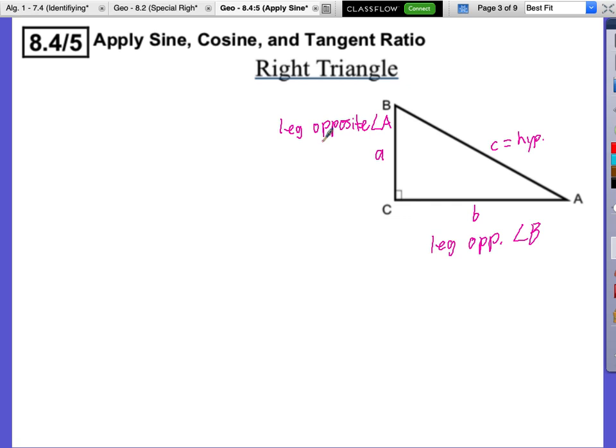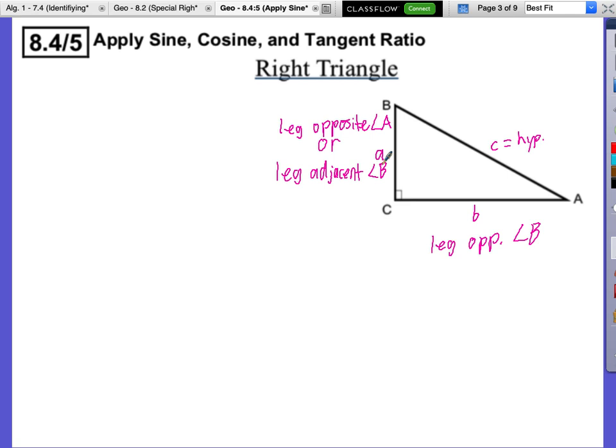So, in addition to side A, which we call the leg opposite angle A, we call it the leg adjacent. Adjacent means what? Connected or next to. Leg adjacent, angle C. Let's put it in terms of one of the two non-right angles, B. It is adjacent to angle C, but are there two legs adjacent to angle C?